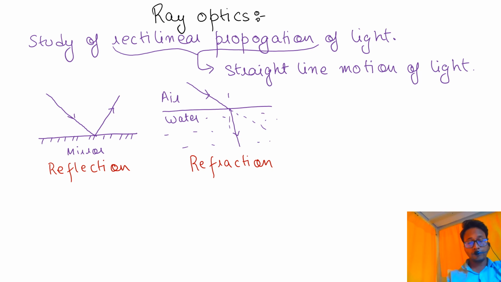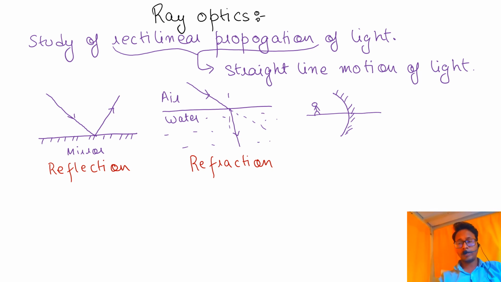Then we'll learn a few specific kinds of mirrors. What kind of mirror? Spherical mirrors. That means a mirror shaped like this. Here some object will be placed, and the question will ask you to find the image.